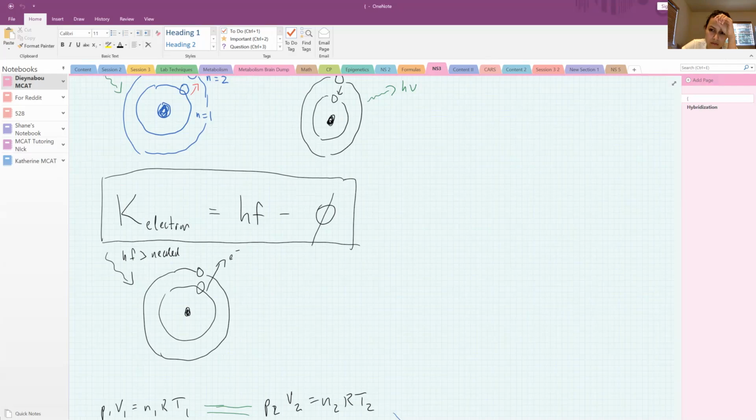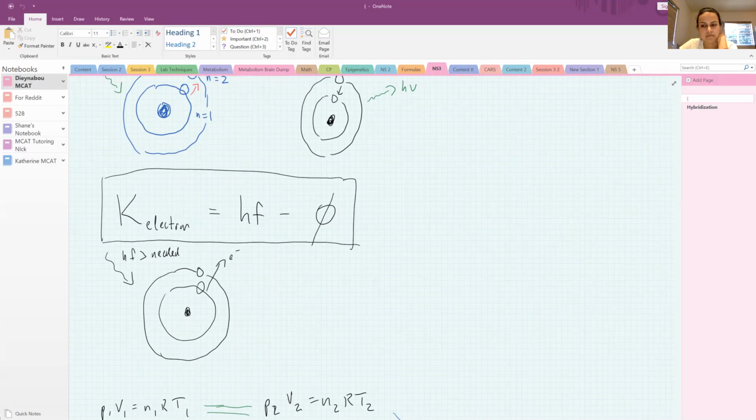Remember the one where we had milliseconds and milliwatts, and the answer was in micro? You can see how we don't have to do all those extra steps.